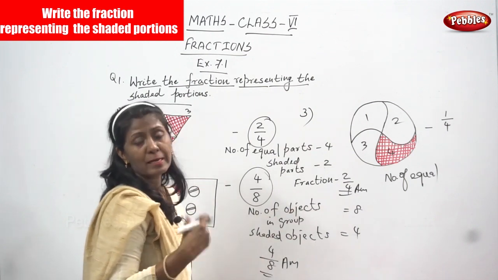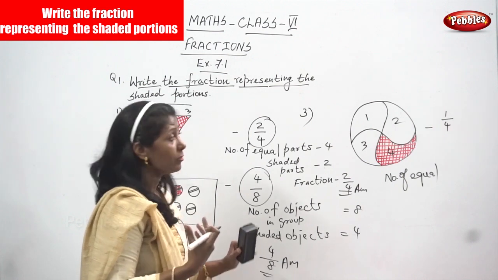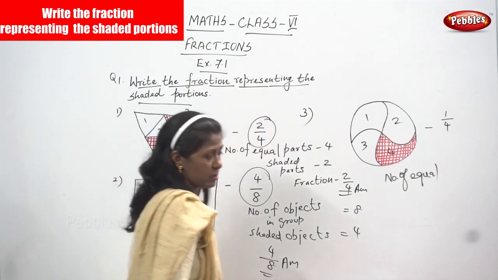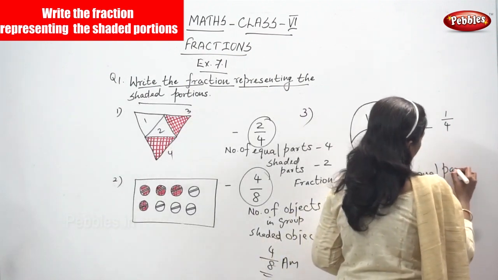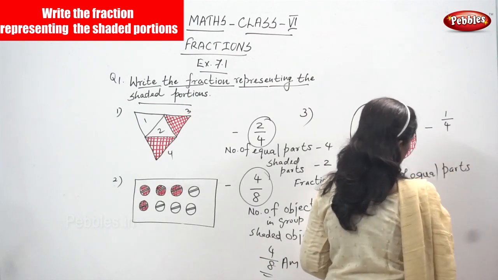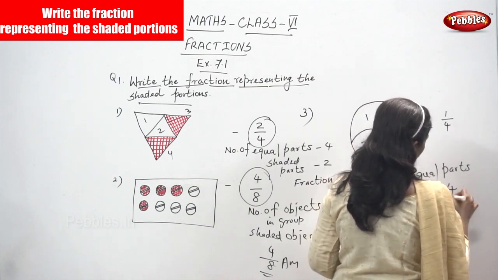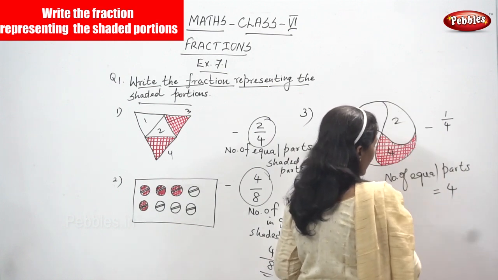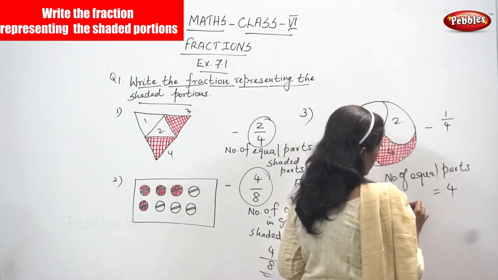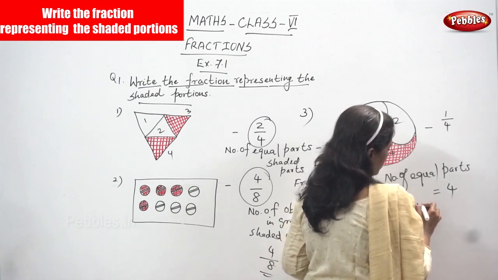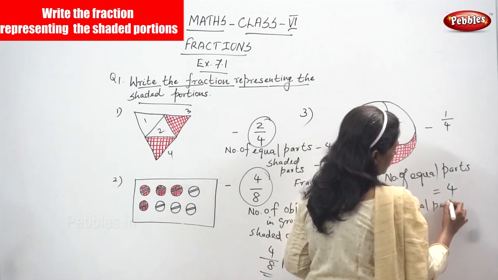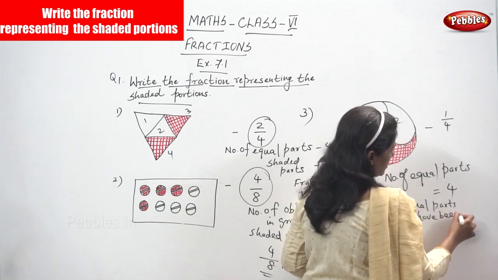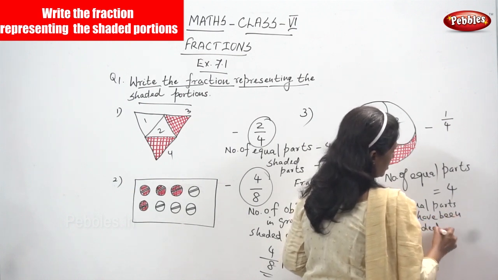Then after that you have to represent the fraction, representing the shaded objects. So the number of equal parts in a single object is 4, and the number of equal parts which have been shaded is 1.